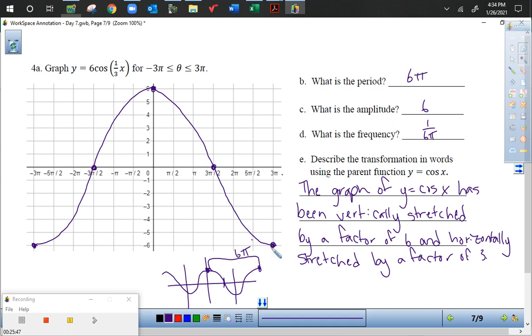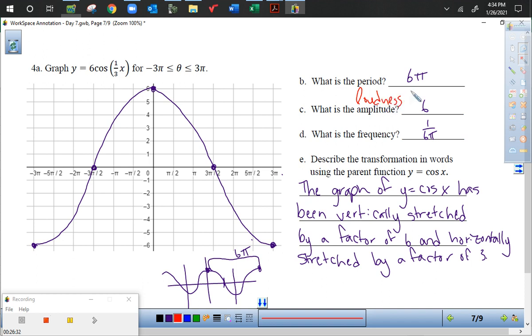The last thing we're going to talk about is how these can be applied, and I want to just kind of backtrack a little bit on each of these graphs with some notes that will help you for your homework. So we talked about vertically stretched. With vertical stretches, or with the amplitude, it also tells us loudness.